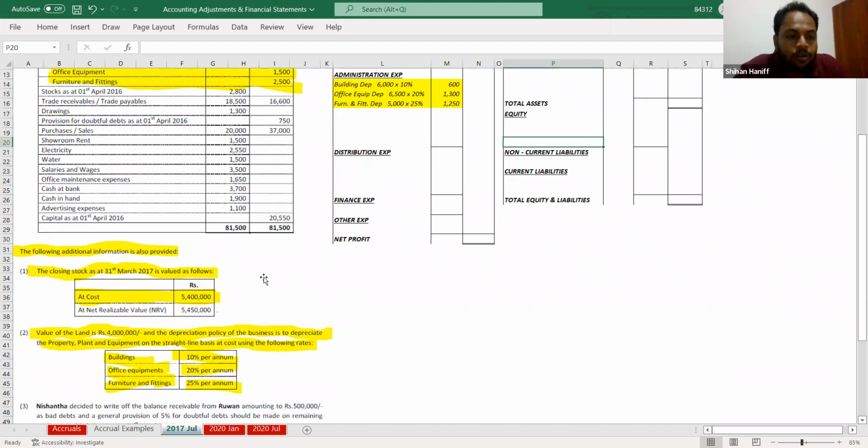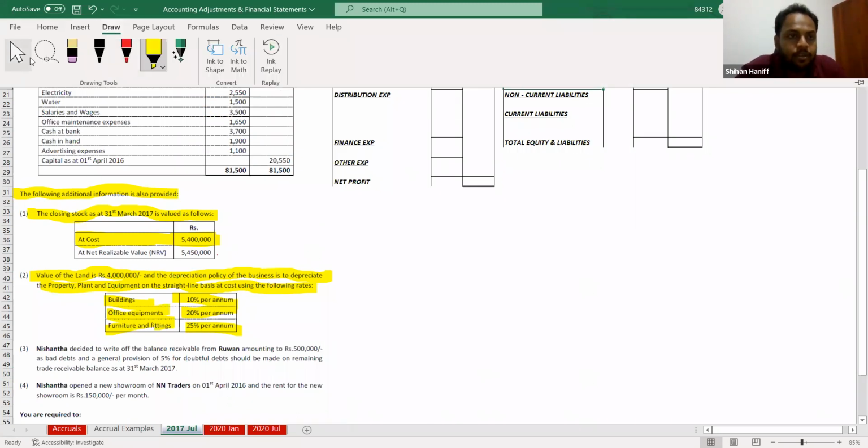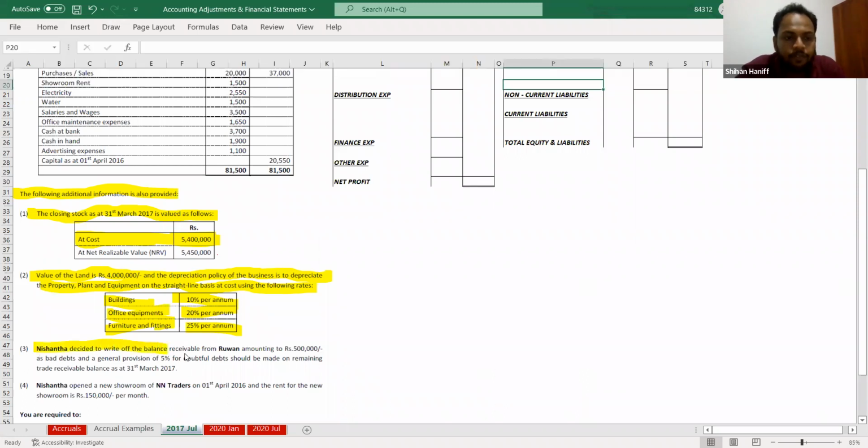Okay. Now, the third adjustment, number 3. Nishanta decided to write off a balance receivable amounting to 500,000 as bad debts, and a general provision of 5% for doubtful debts should be made on the remaining trade receivable balance. Bad debt is 500,000 and doubtful debt is 5%.